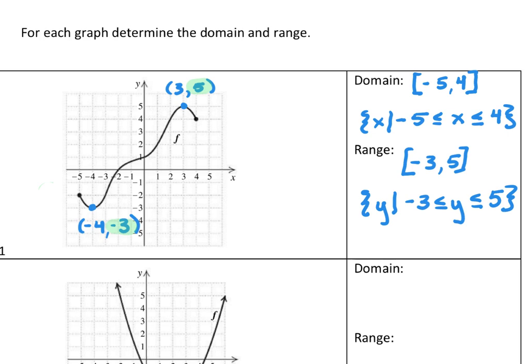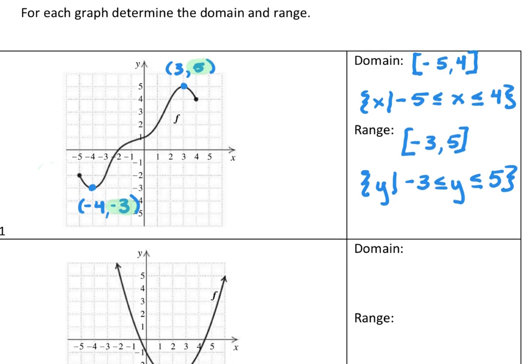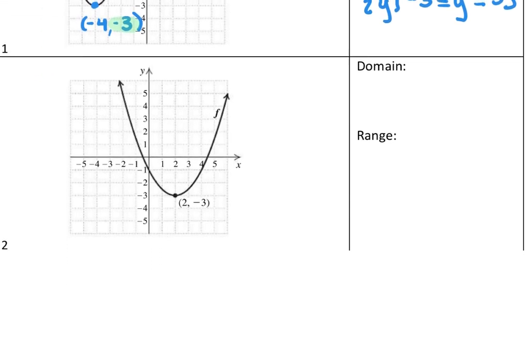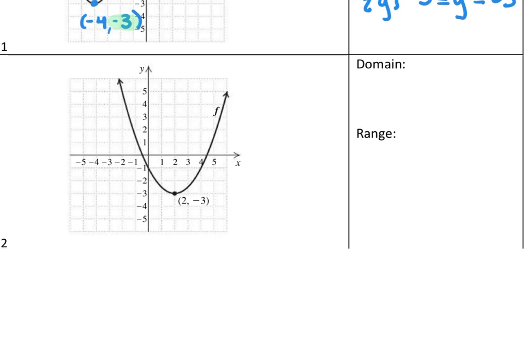All right, let's go down to graph 2. Graph 2 looks like this. And so we want to start with domain. Notice this one has arrows. And if you go back to the earlier post that had all the definitions and key terminology, we have to think about these arrows.